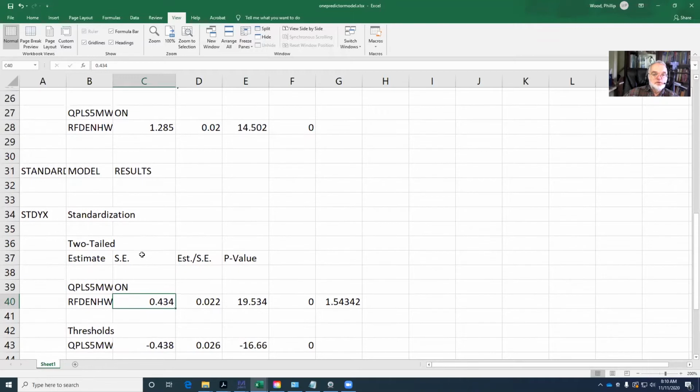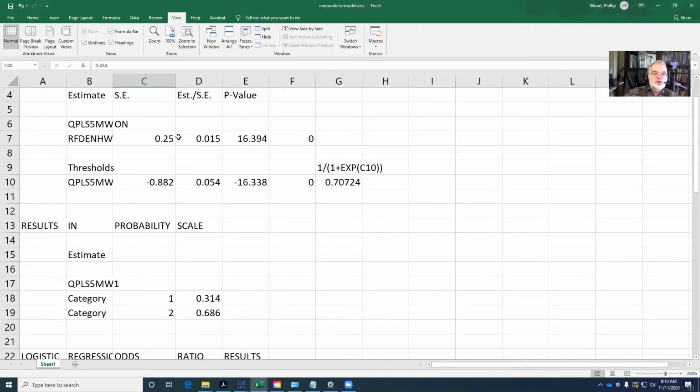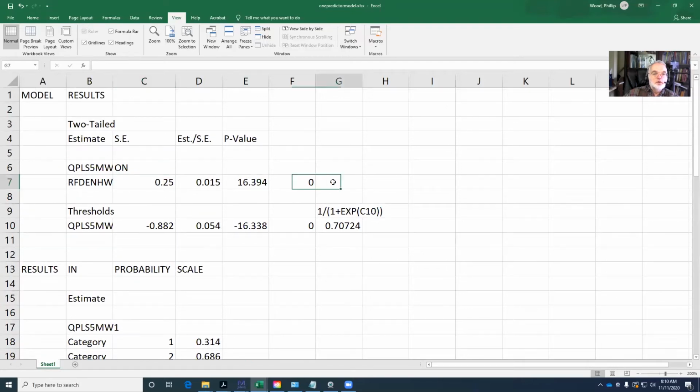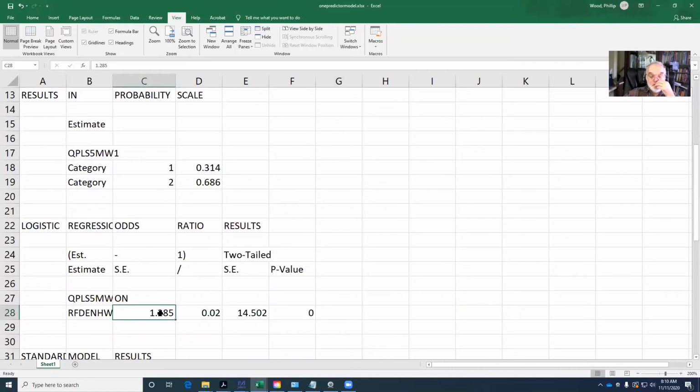Now, the nice thing about these is if I come upstairs and I take my parameter value and take the exponent of that, that's going to give me the odds ratio. So downstairs you see 1.285.